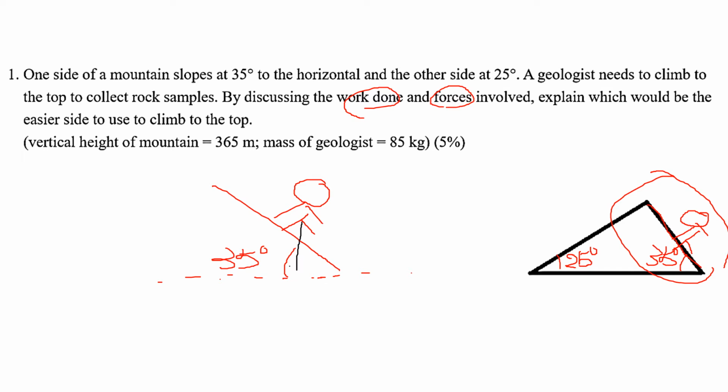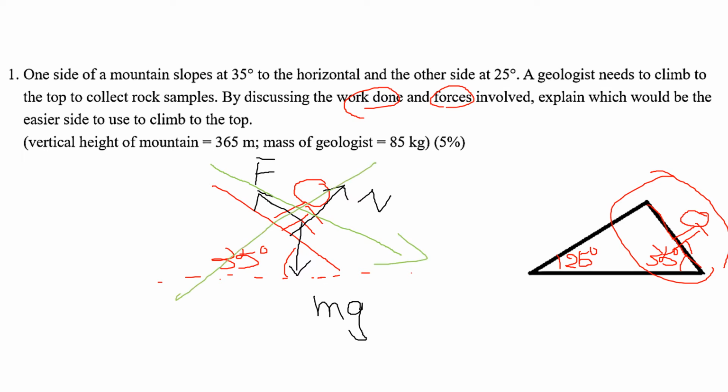The forces acting on this person are mg, the normal reaction, and the driving force for this person to come to the top. If we ignore the friction or the air resistance, then there are only three forces. If you draw the coordinate along the slope, oh sorry, it's terrible. So here is 35 degrees.